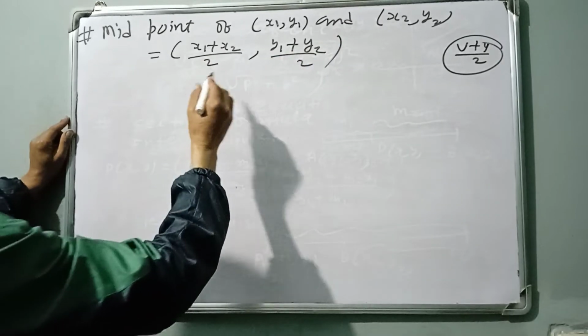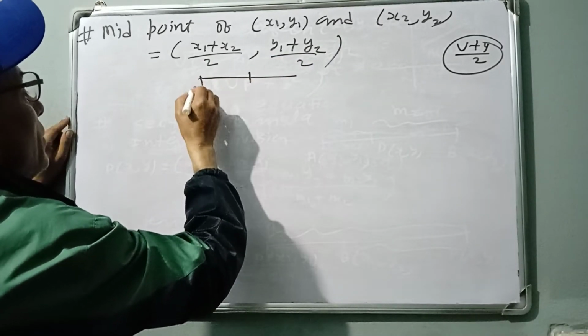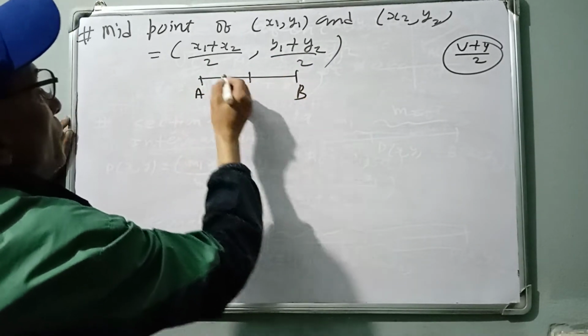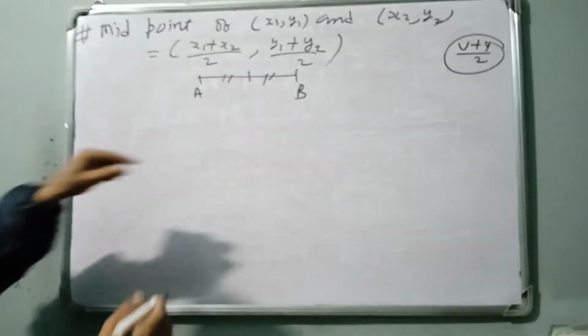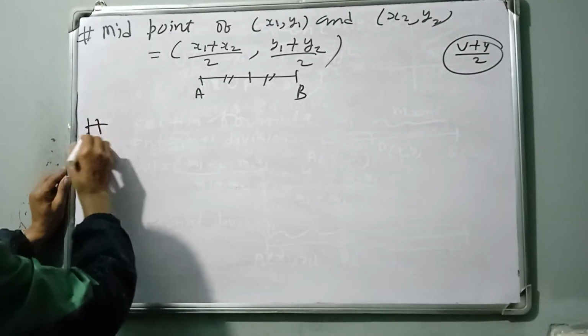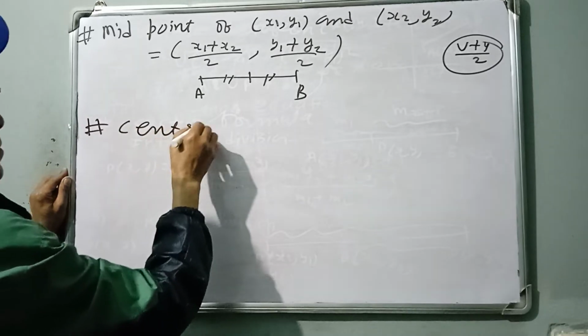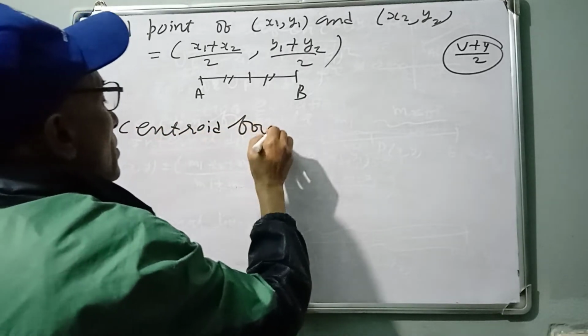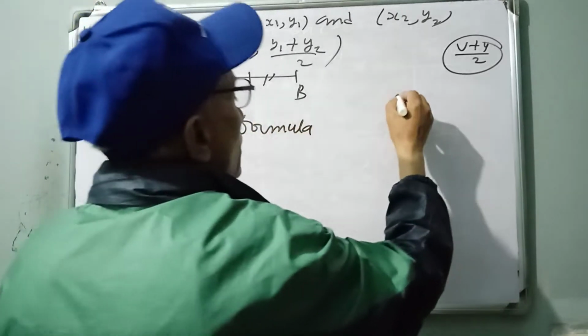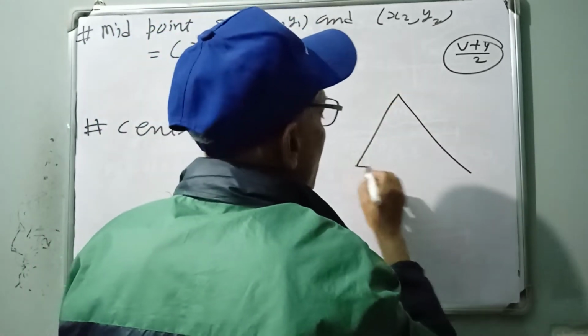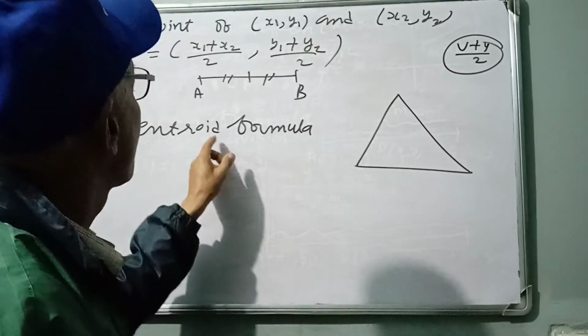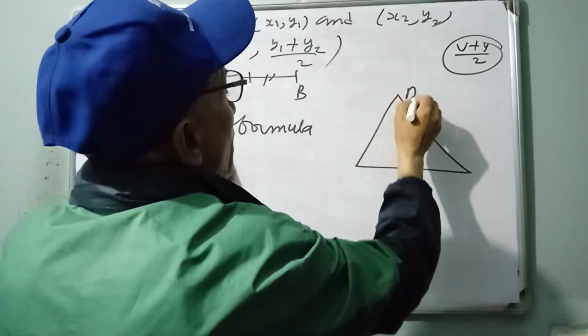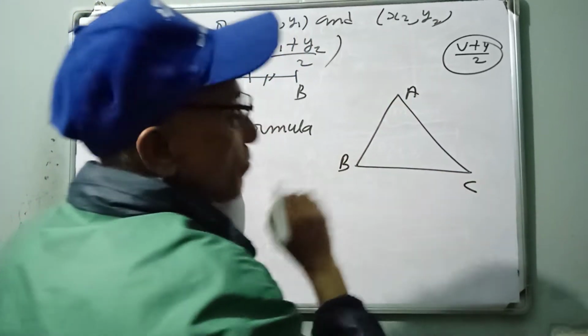Midpoint of AB, see, notation. Another, centroid formula. First of all, let me draw a centroid. What do you mean by centroid? ABC is a triangle.